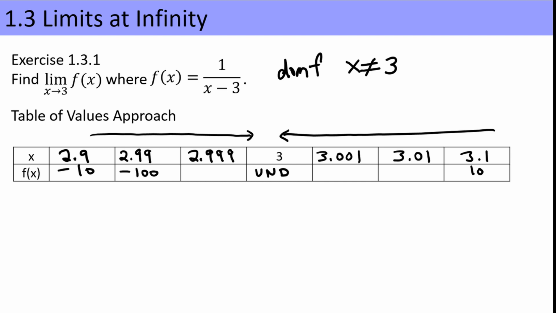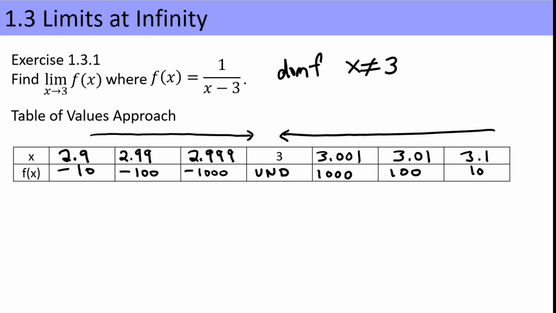And from the right end at 3.01, we got positive 100. And 2.999 when evaluated in the function 1 over x minus 3, the output was negative 1,000. And from the right side at 3.001, the output is positive 1,000.